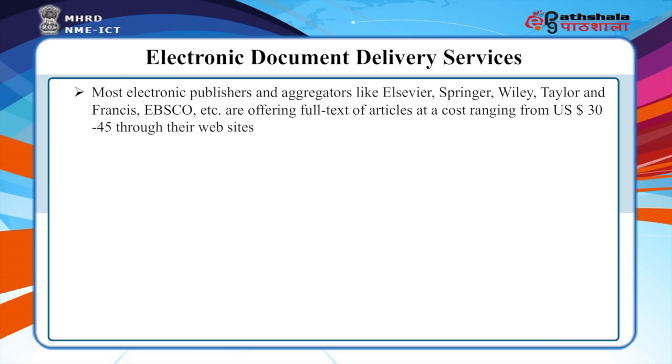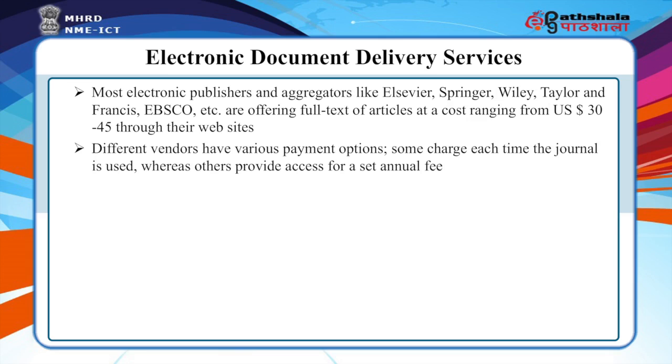Most electronic publishers and aggregators like Elsevier, Springer, Wiley, Taylor and Francis are offering full text of articles at a cost ranging from $30 to $45 through their websites. Different vendors have different payment options.